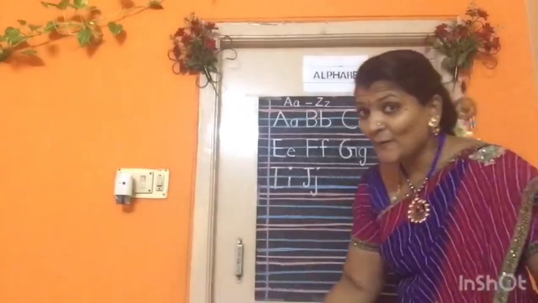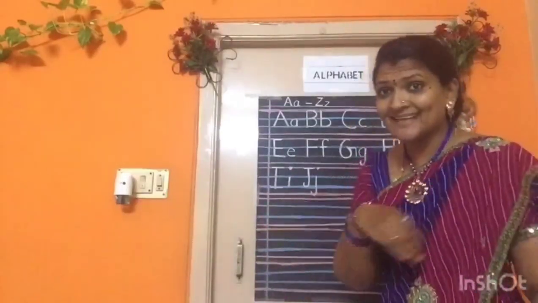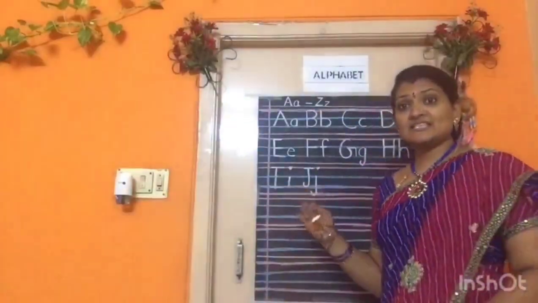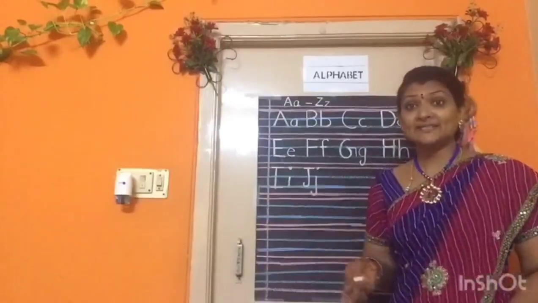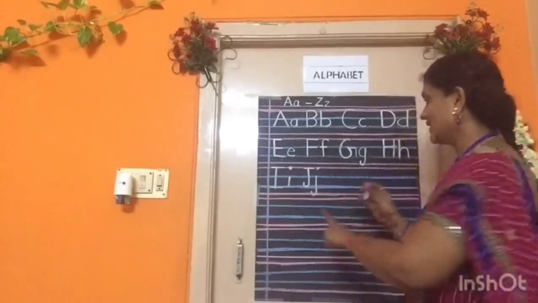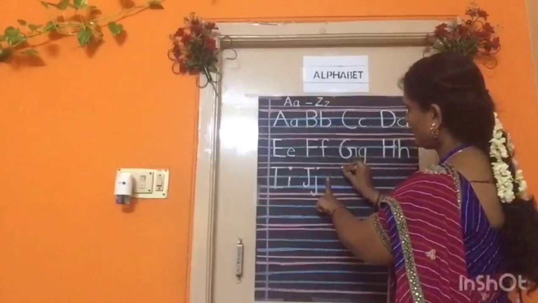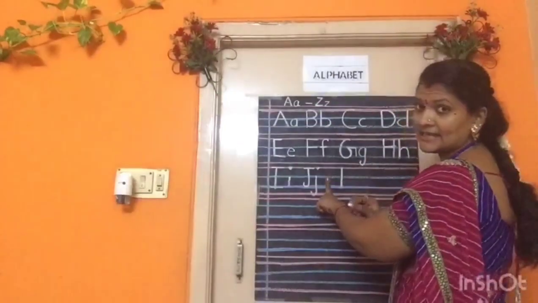This is also what it is doing? Hanging. J says J. Now next comes K. Give the finger space. Pink line to blue line, vertical line.